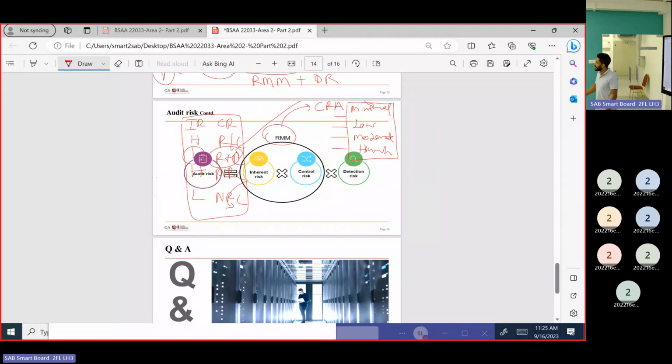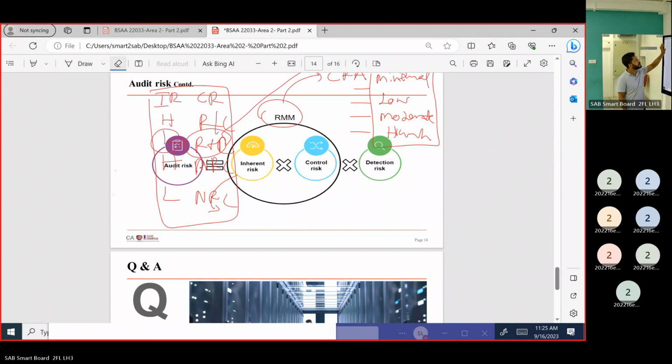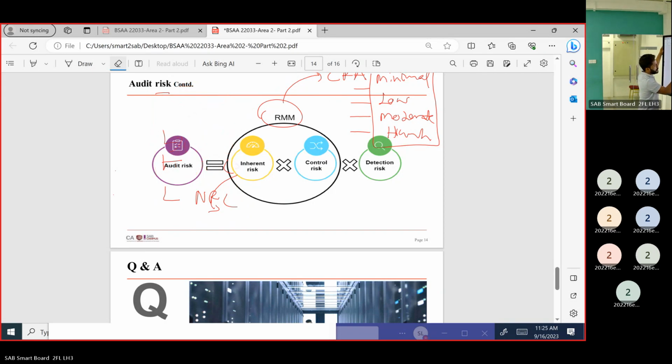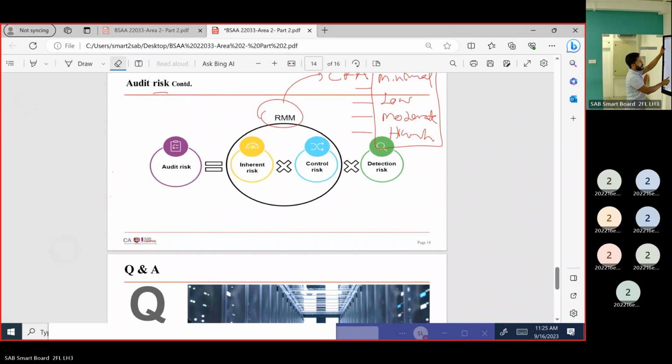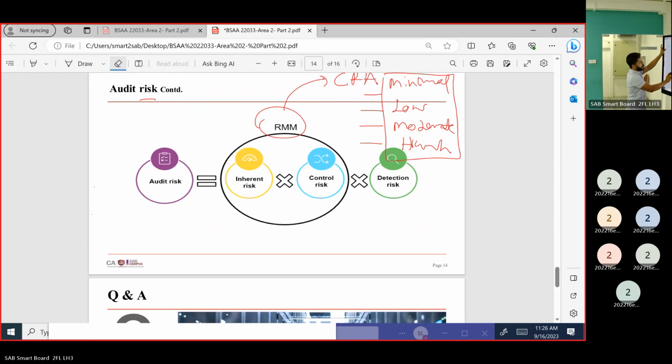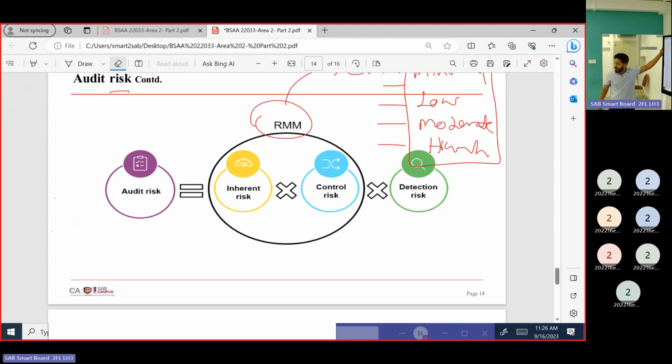How can we validate that statement? This risk assessment can be done on the financial statements. Financial statements, 5 elements, right?